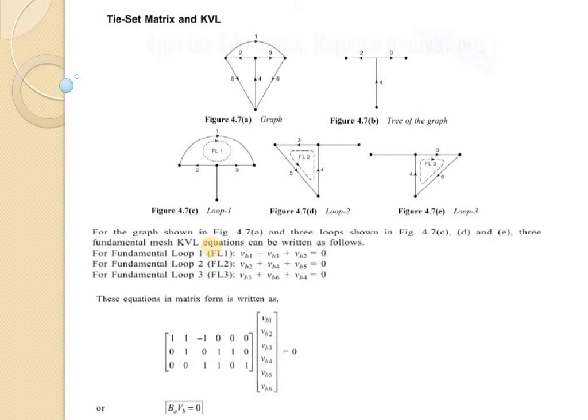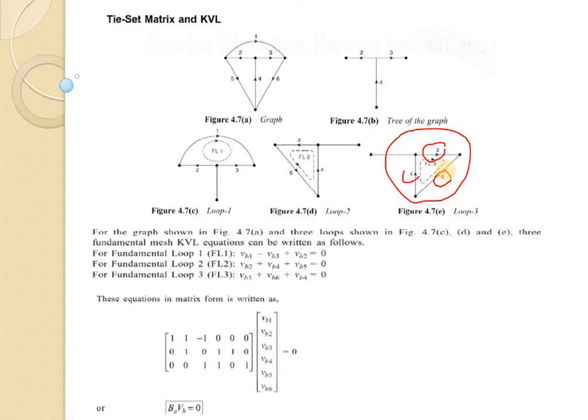And also the fundamental loop formed by the third loop, which is a combination of 3, 4 and 6. So definitely the KVL equation for this loop will be a combination of VB3, VB6 and VB4, and all the directions are the same, so the signs will be positive.